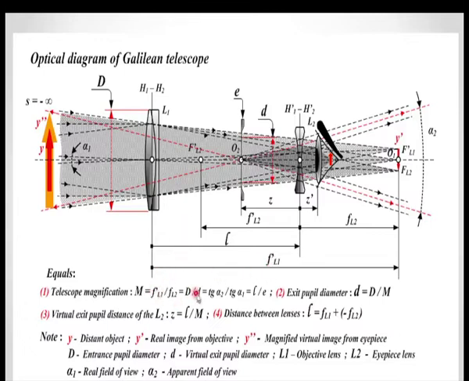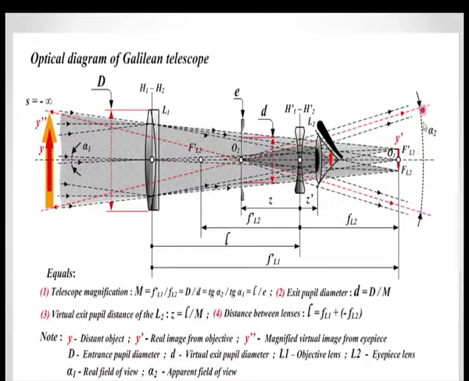And D, the diameter of the objective, and small d, the diameter of the eyepiece, that also will give the magnification. And the tangent of the angle of inclination of the object, over the tangent of the angle of inclination of the eye.